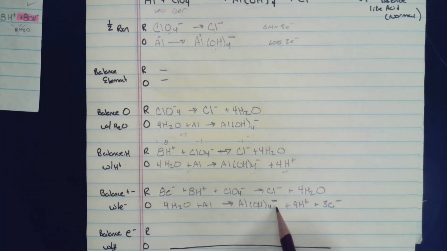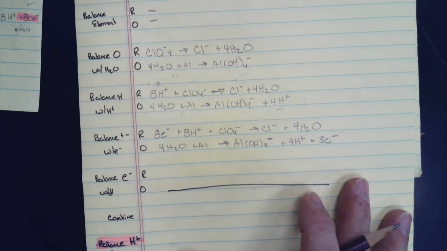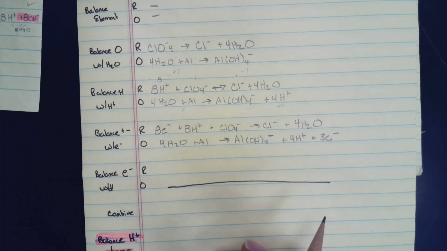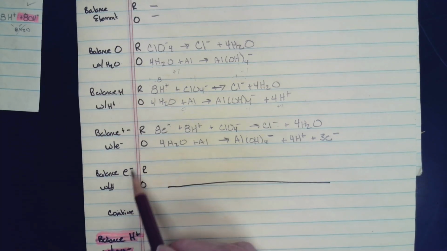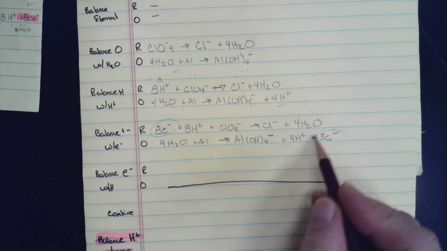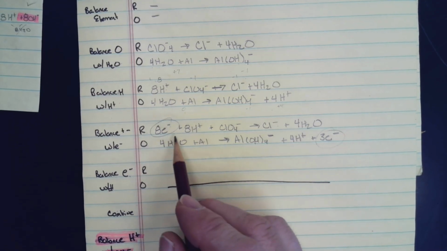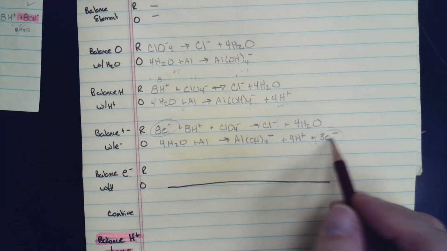And you got to be careful not to lose my superscripts, that I have those charges all the way through. Now I need to balance the number of electrons I have between the reactions, between my reduction and my oxidation. I need to balance those out. I've got 8 and I've got 3.